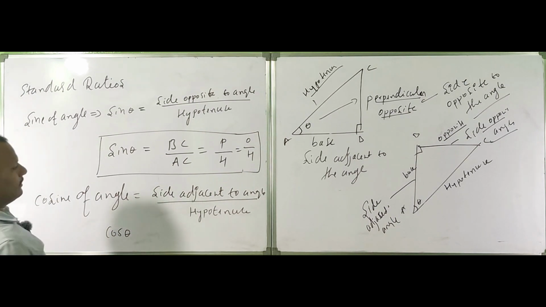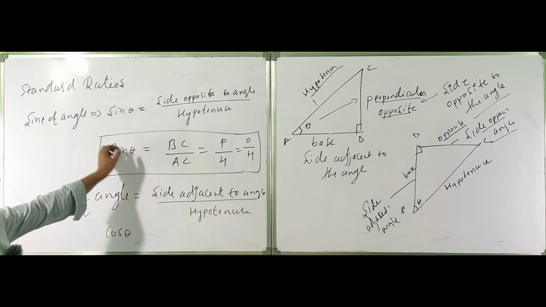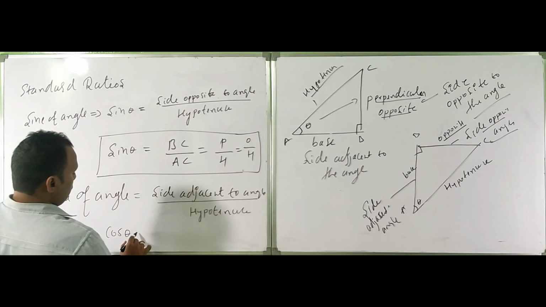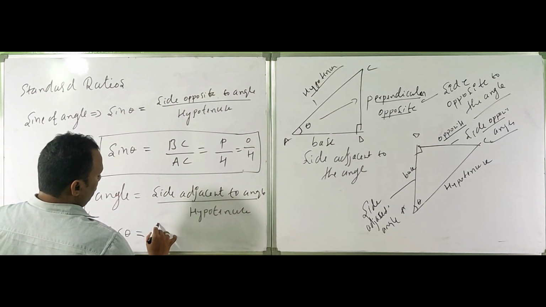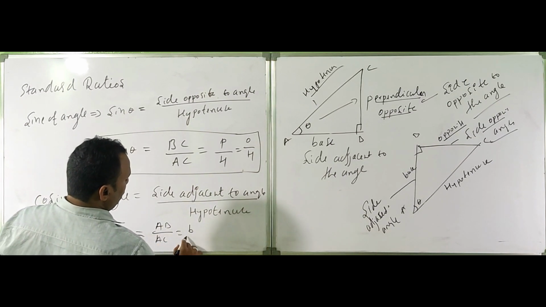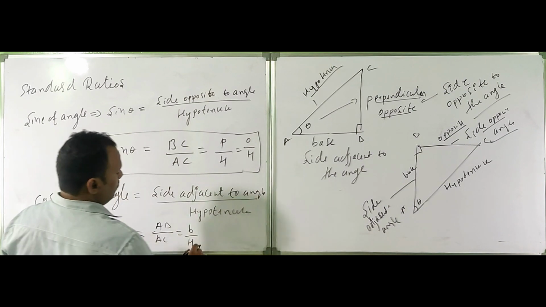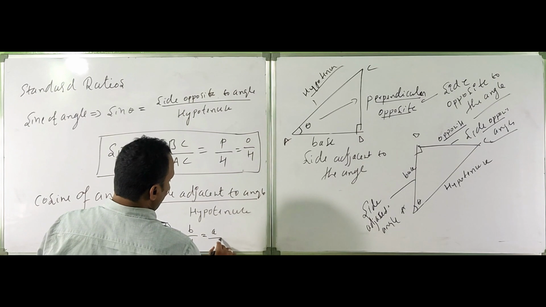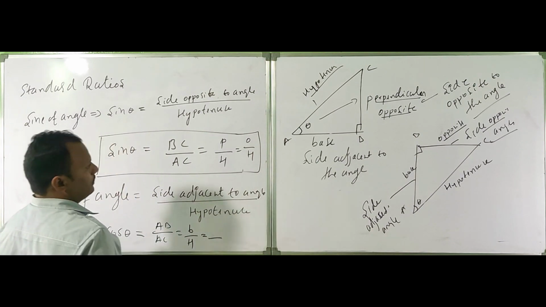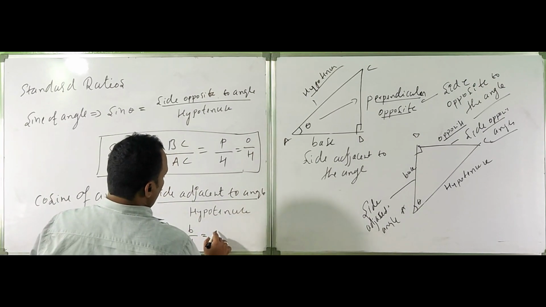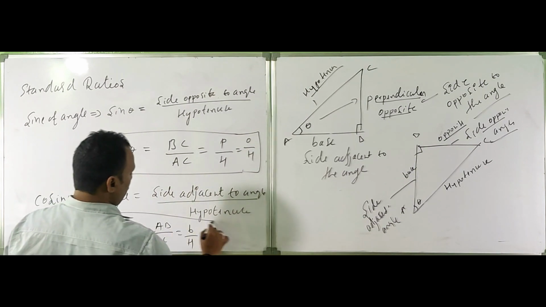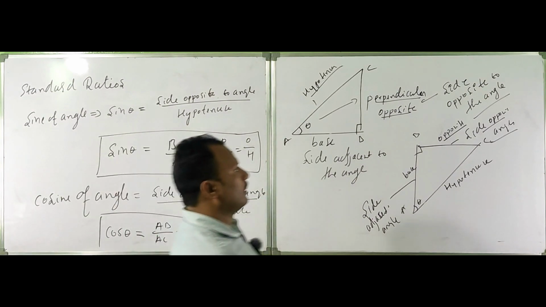This is not sin theta, it is cos theta; the word is cos. This is equal to, what is adjacent here? AB by AC. It is also called base by H, also called adjacent by H, capital H, for cos theta.